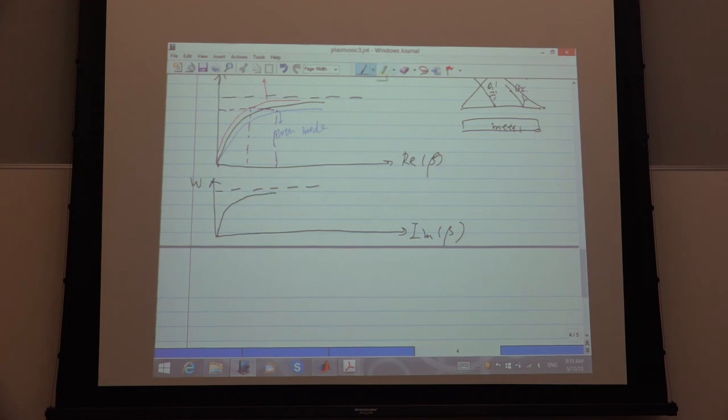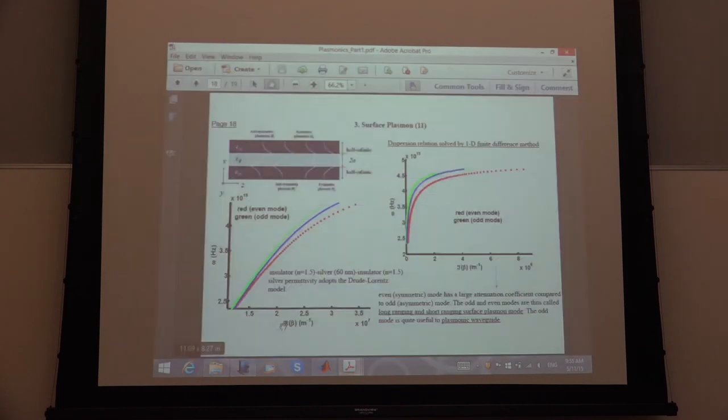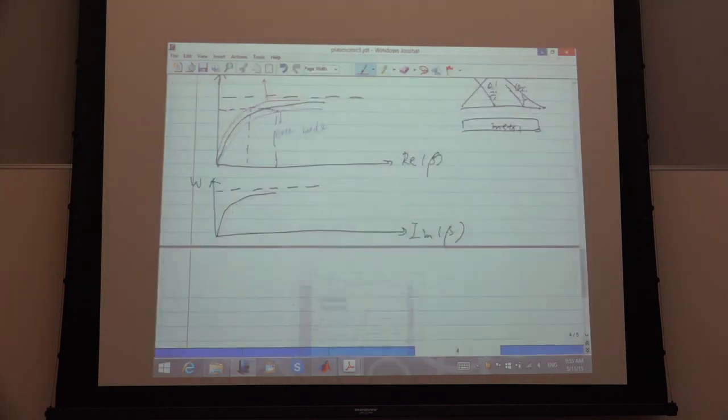I use a different color. The even mode should be larger. This blue is larger, and this one is small.